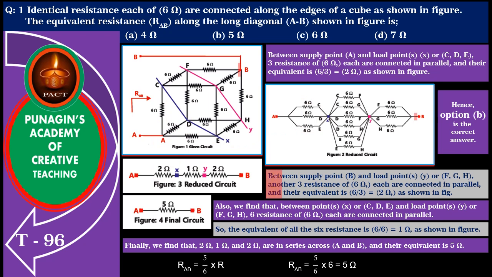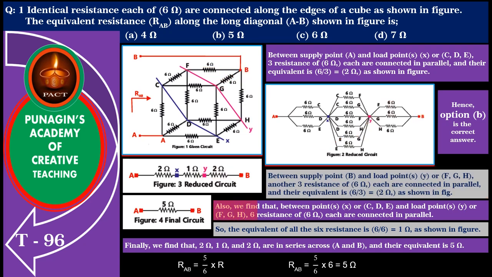Similarly, between the supply point B and the load point Y or F, G, H, another three resistances of 6 ohm each are connected in parallel, and their equivalent is 6 divided by 3 equal to 2 ohm as shown in the figure.